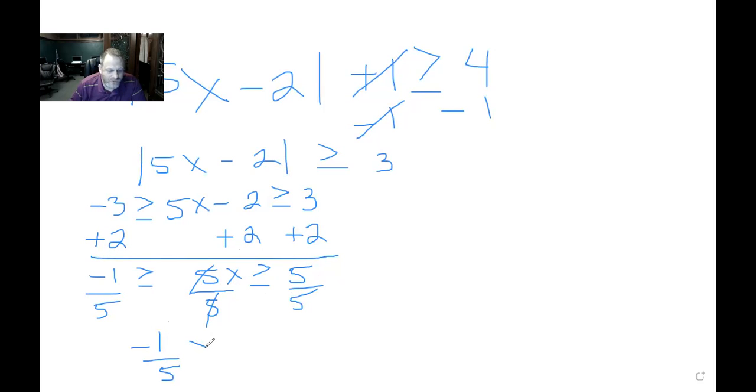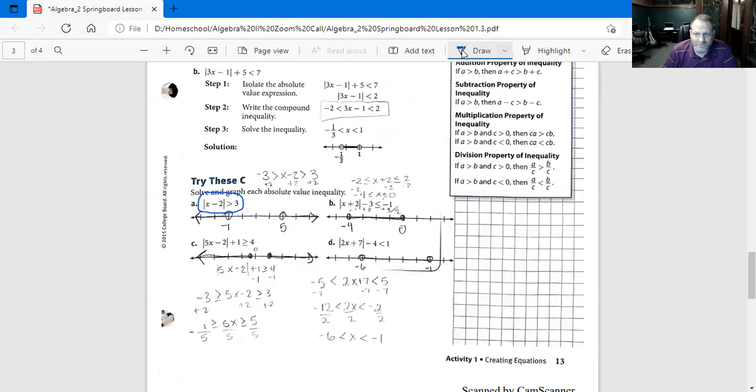Keep your signs. Is greater than or equal to x is greater than or equal to 1. All right, guys, write that down, and let's see how they did that for the graphing.